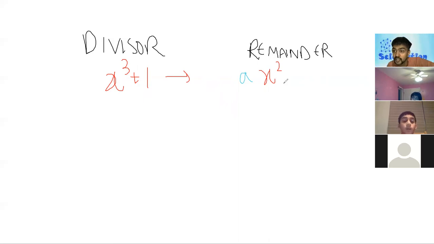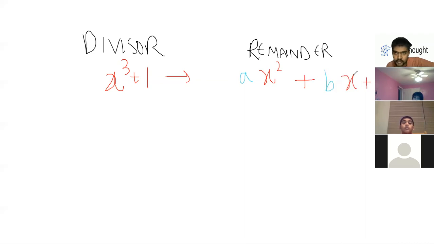You expect to see an x square, right, if the divisor is x cube. Can it also be x? Yeah, absolutely. You'll expect an x square, you'll expect an x, and you'll expect a constant, right? But how do you put that in mathematical terms? You need to find the a, b, and c.